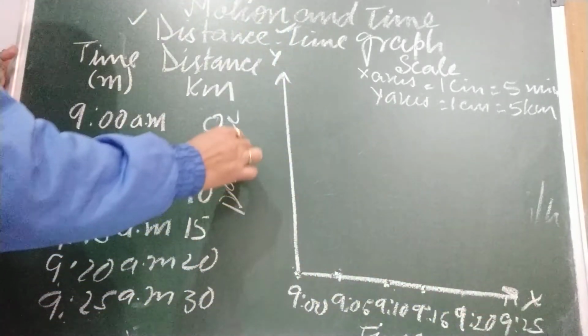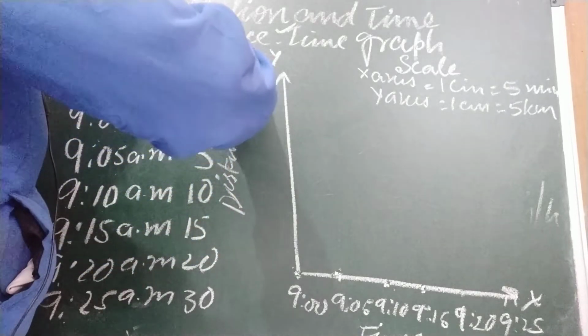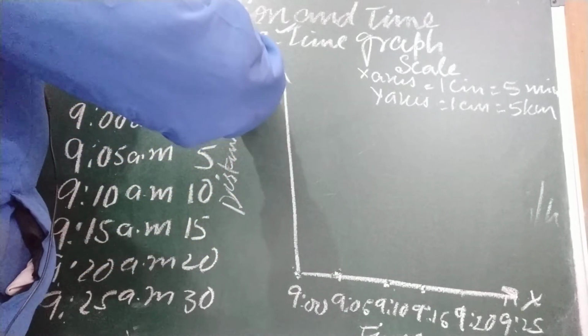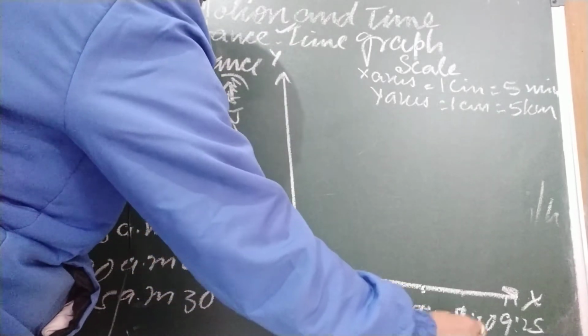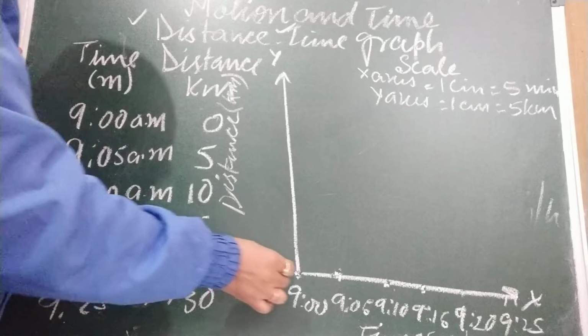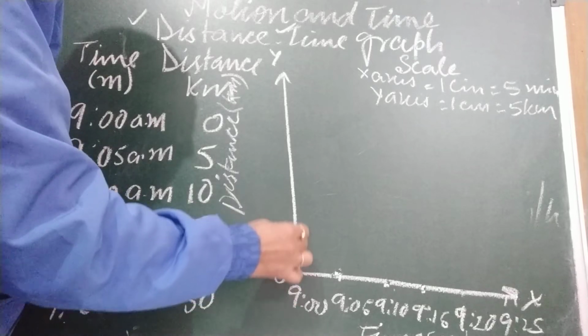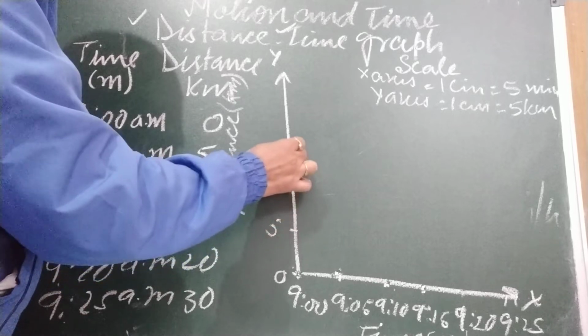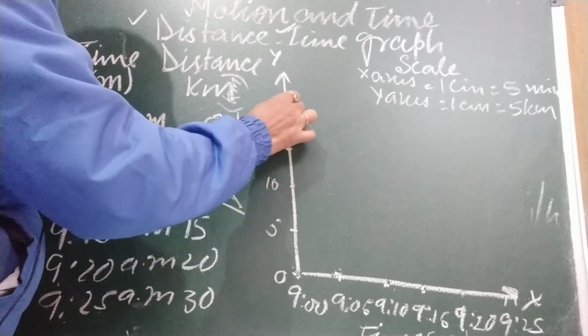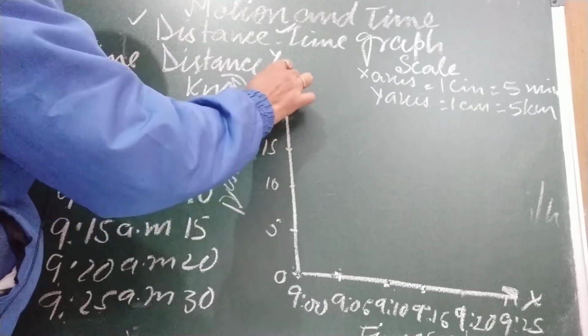Same way, distance in kilometer: 0, 5, 10, 15, 20, 25.